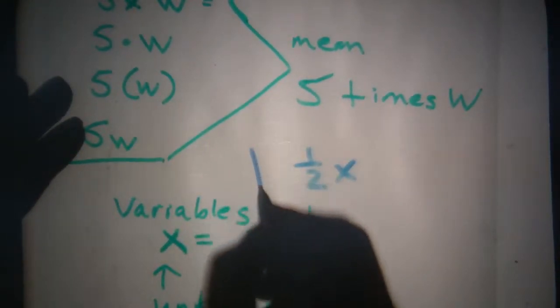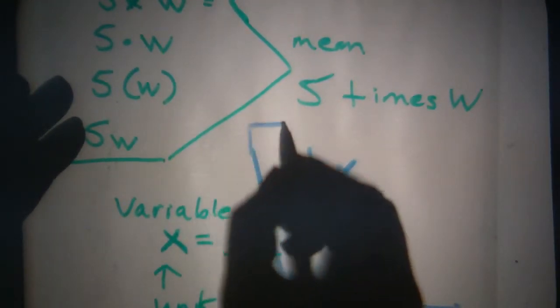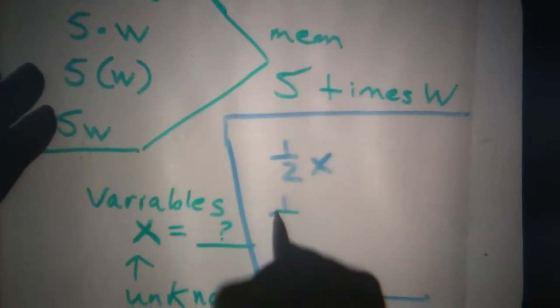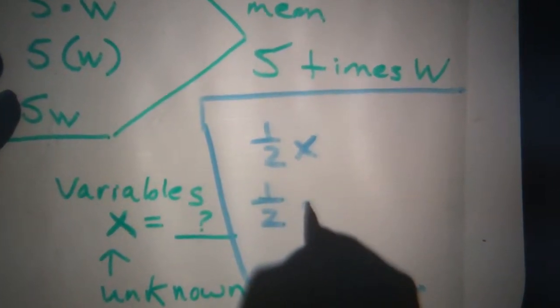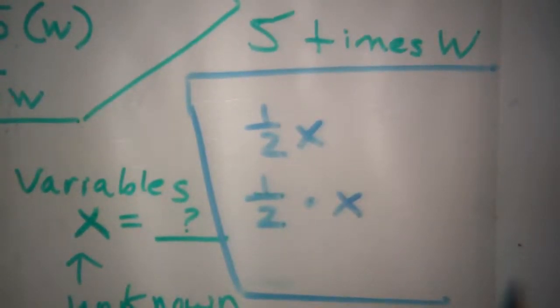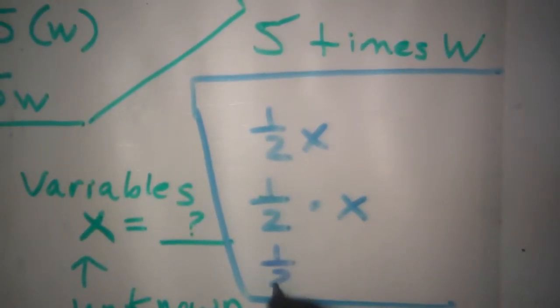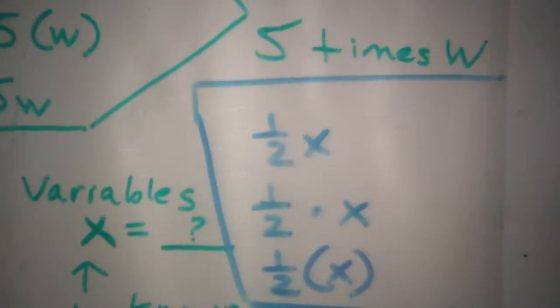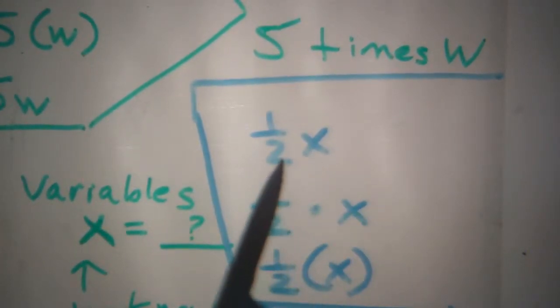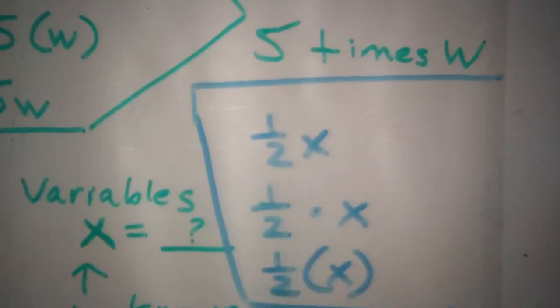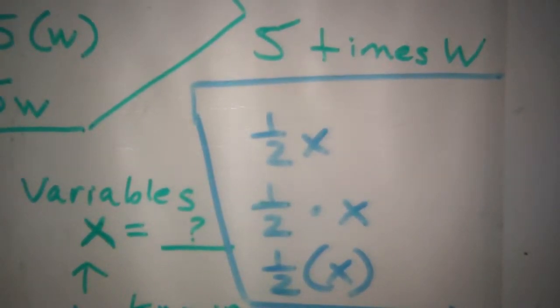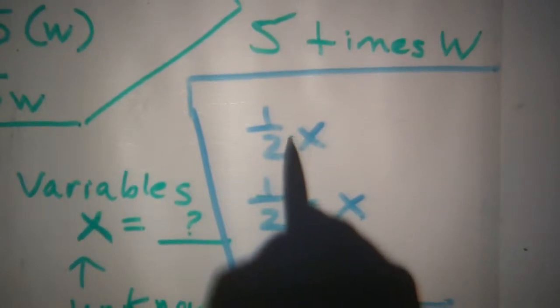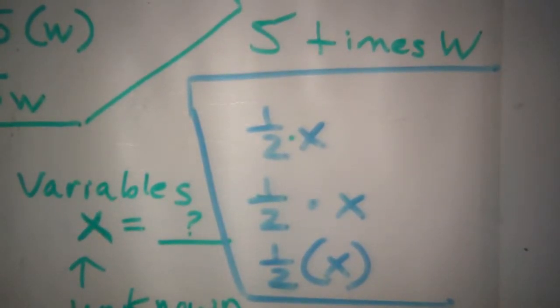Let me do this here so we can do it in blue. We see the difference. 1/2 times x. We could do 1/2 x in parentheses. These all mean the same thing. They simply mean 1/2 times x. Remember, if you see this, you have that imaginary multiplication symbol here.